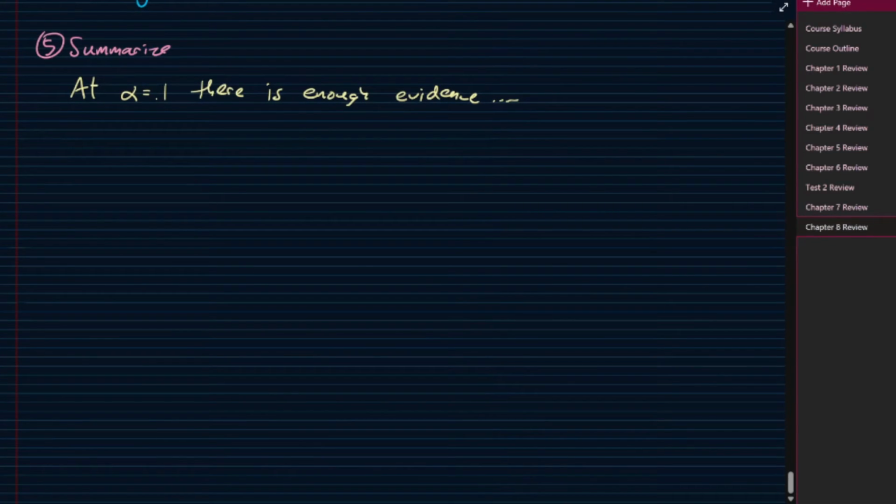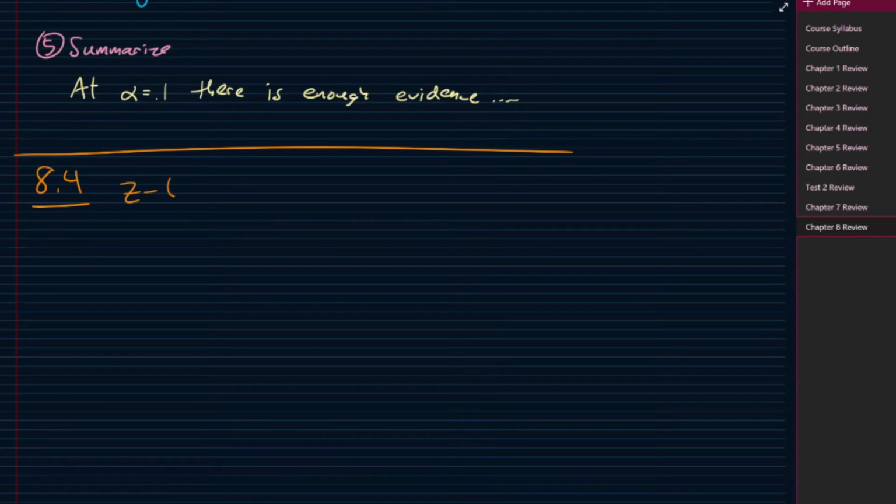And finally, the last section that I'd like to cover here, 8.4, is on z-test for the mean. For proportion, sorry. Sections 8.5 and 8.6 are just more hypothesis tests for more topics.